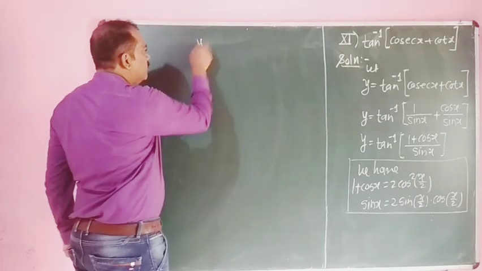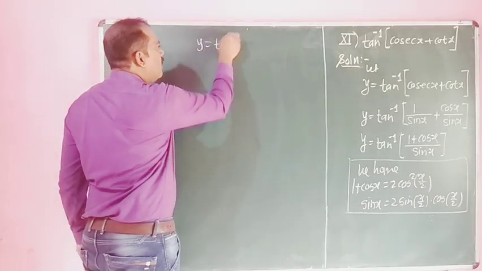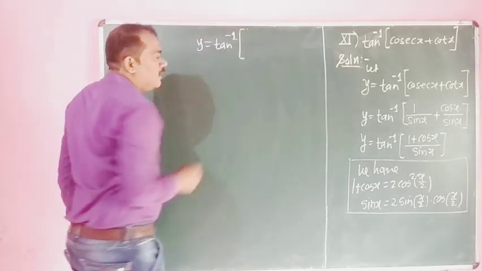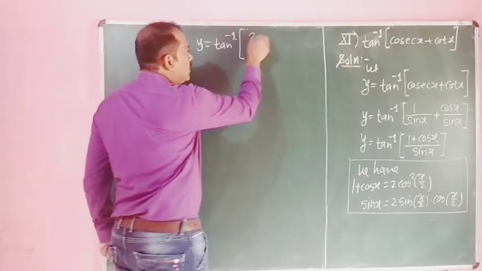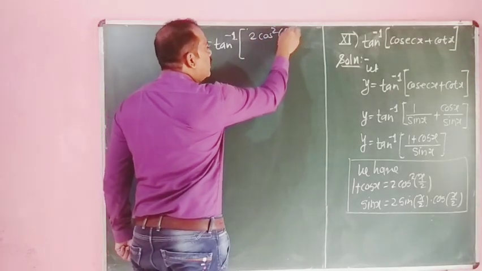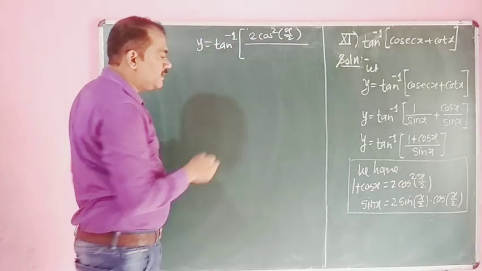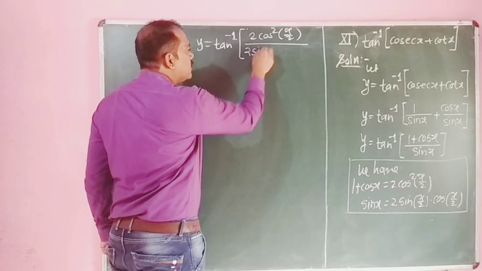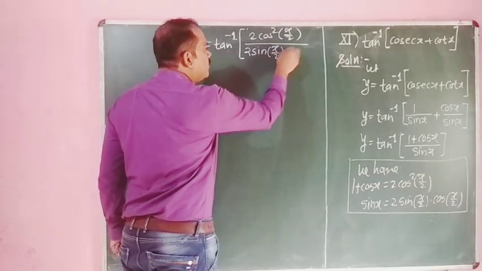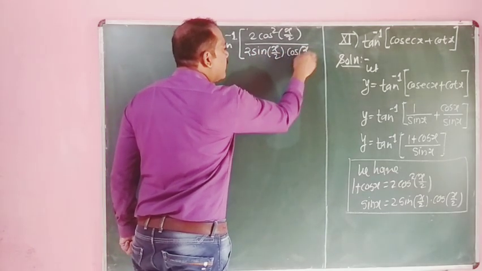We get y is equal to tan inverse of 1 plus cos x, which is nothing but 2 times cos square x by 2, divided by sin x, which is nothing but 2 times sin x by 2 into cos x by 2.